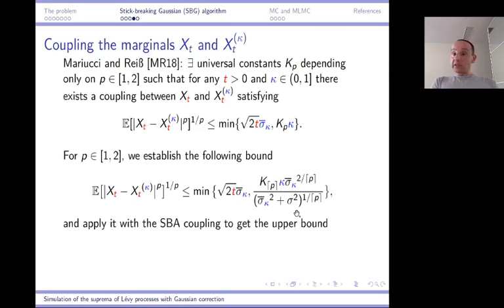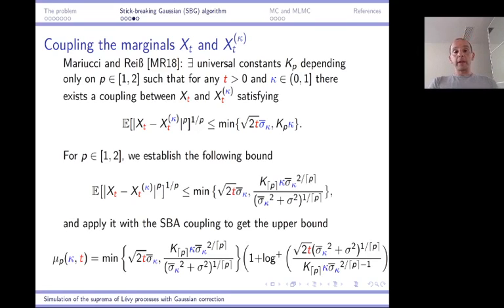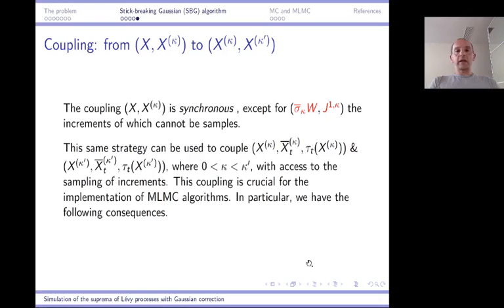But if sigma squared is positive, then this bound is kappa sigma bar kappa squared over p, but p is 2, let's say, then it's kappa sigma bar kappa. So this goes to 0 fast. And this leads to the bound on the Wasserstein distance for the supremum and the position, which is a logarithmic factor away.